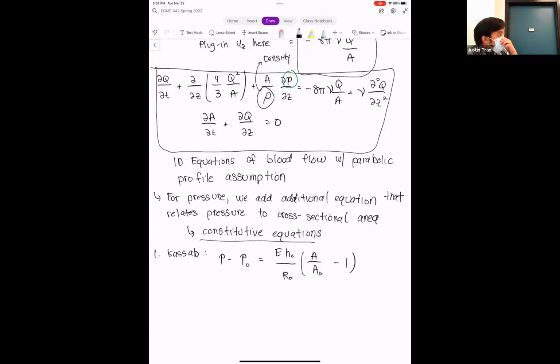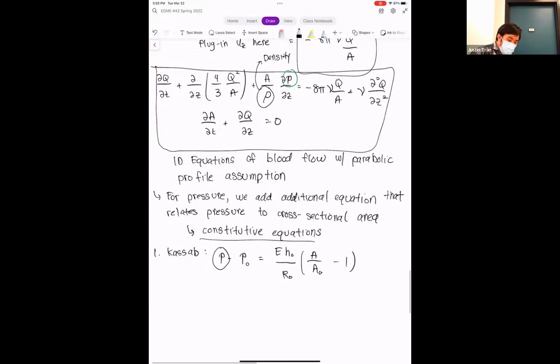So basically what you would do is take this equation, solve it for P, and then plug it directly into the 1D equations up there. This is the additional equation that you would need to basically eliminate pressure from the whole system.